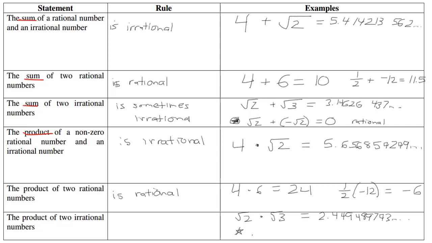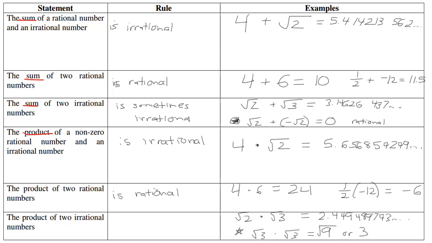However, there is a trick as well. If I take a square root, like 3, and I multiply it by itself, watch what happens. It's actually the square root of 9, which in your calculator, if you multiply the square root of 3 times the square root of 3, you're actually just going to get 3.